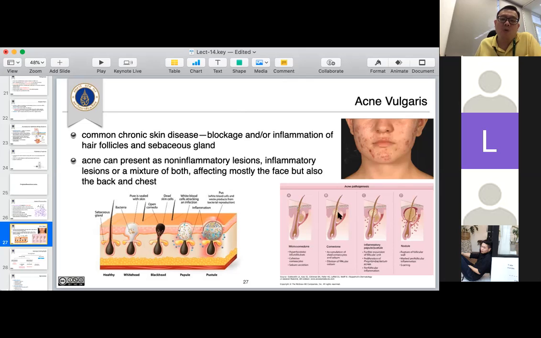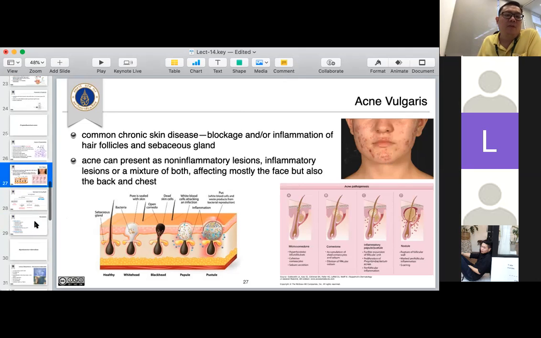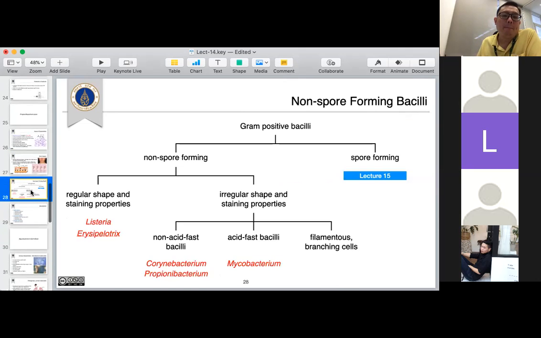When the bacteria overgrow, they block the hair follicle and cause a pimple. Actually, it's inflammation underneath the skin. That is a big problem for teenagers. That's acne vulgaris, a disease from P. acnes.